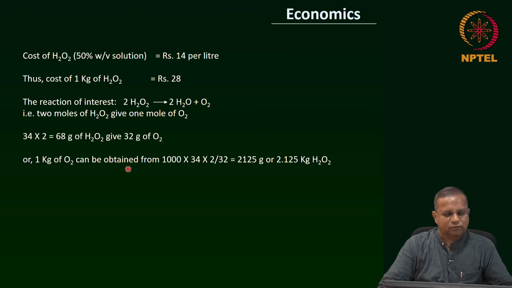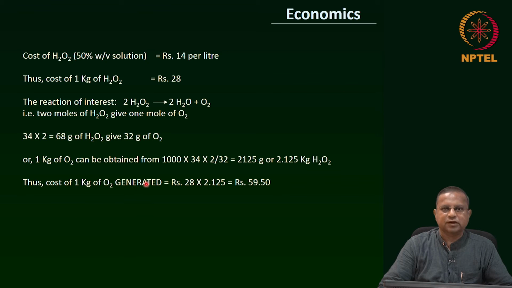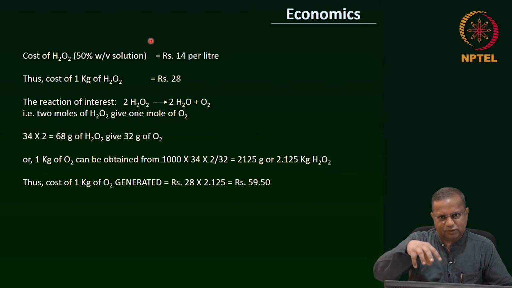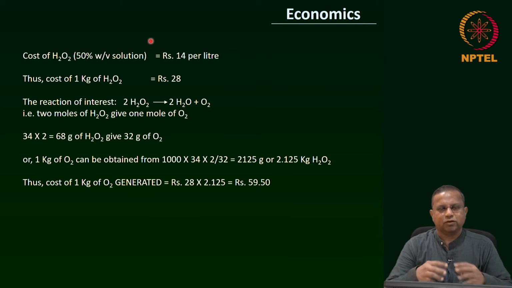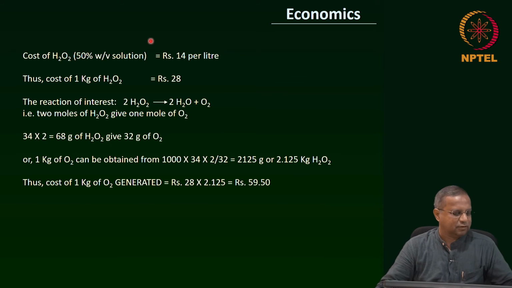Or 1 kg of oxygen can be obtained by 1000 into 34 into 2 by 32, or 2.125 kg of hydrogen peroxide. Thus, the cost of 1 kg of oxygen generated is about rupees 59.50 if you just consider the generation alone without any other considerations.